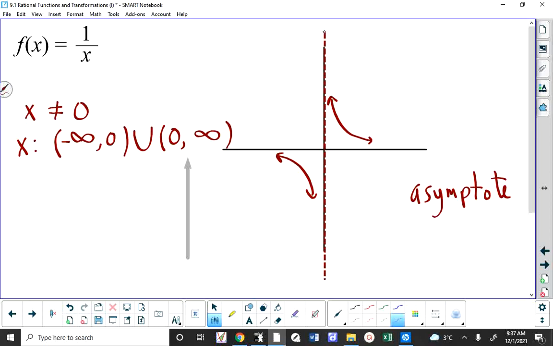By the way, as x gets closer to 0 from the left side, the graph will take off to negative infinity. Now, we talked about the behavior when x is very, very tiny and close to 0 on either side. What about the behavior when x is very large? So I can go to my table now again.